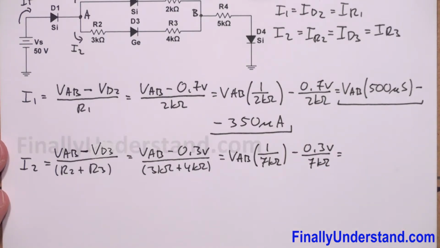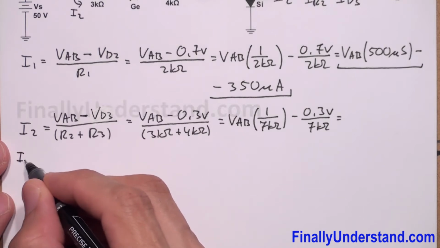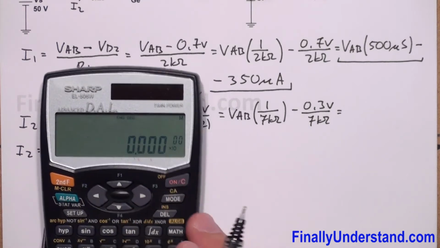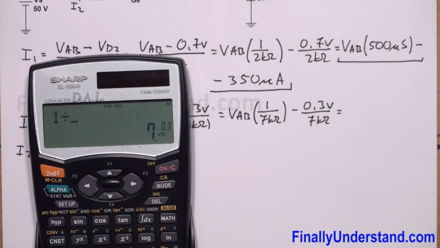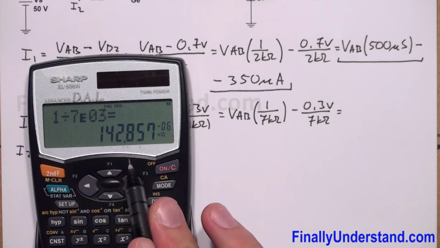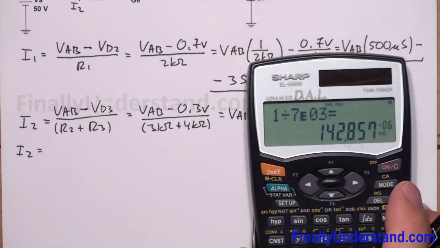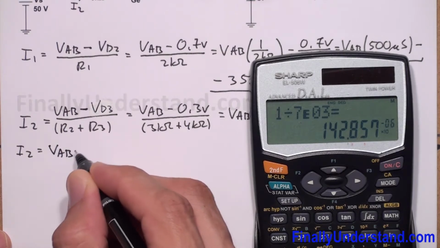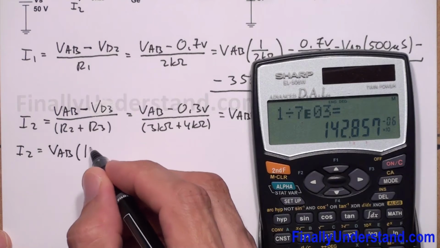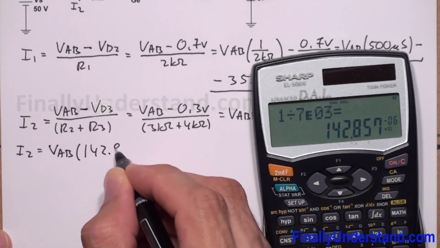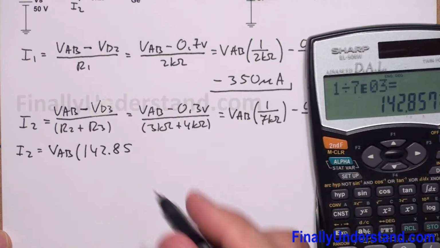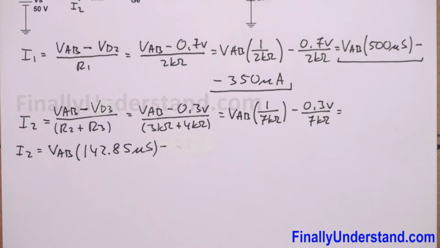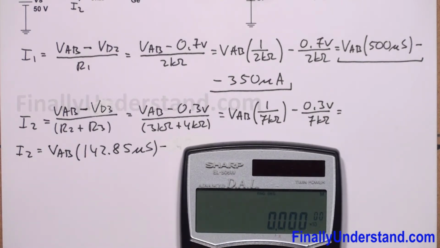I'll write this down over here. I have 1 divided by 7 kilohms, and 1 divided by 7 times 10 to the third is 142.85 microsiemens. So this is my VAB times 142.85 microsiemens minus 0.3 volts divided by 7 kilohms.